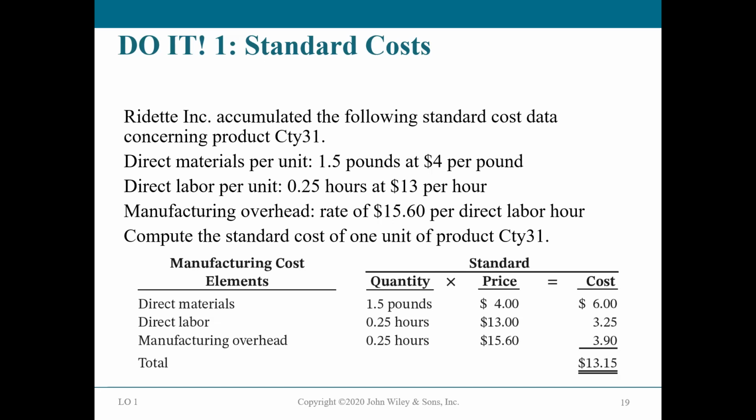And so we're asked to create the standard cost of 1 unit. So direct materials, 1.50 at $4, direct labor, 0.25 at 13, and manufacturing 0.25 because it's using per direct labor hour at $15.60. So our standard cost for this unit of product CTY31 would be $13.15.